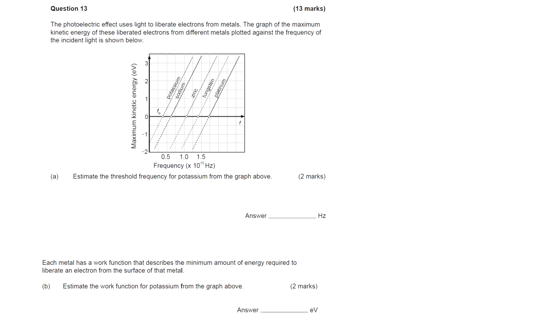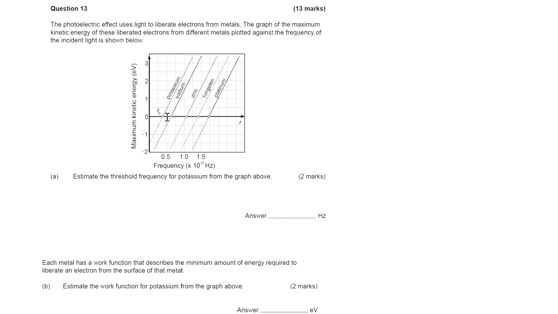A. Estimate the threshold frequency for the potassium from the graph above. Okay, so you may remember from my last video that the critical frequency can be obtained from the intercept on the x-axis. So if we look at potassium and where F0 would be along here, each of these divisions is 0.25.